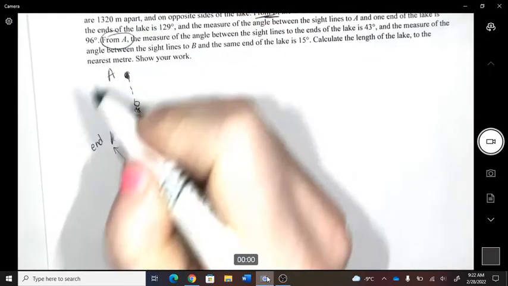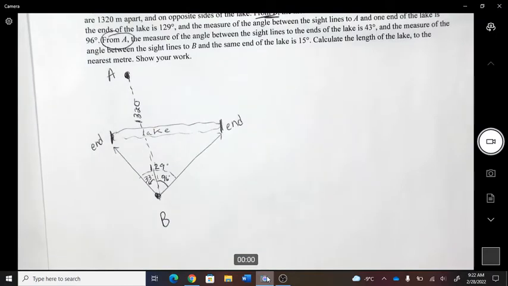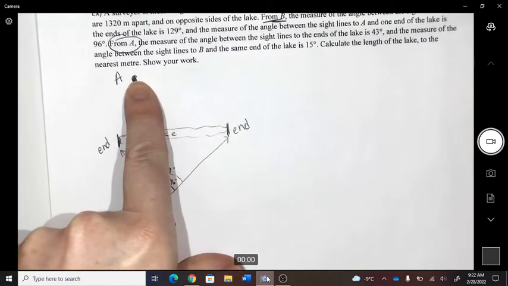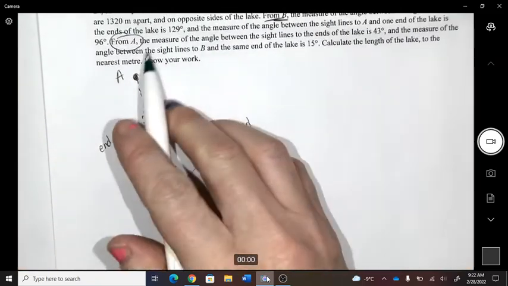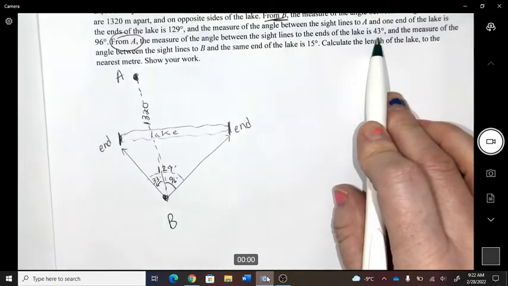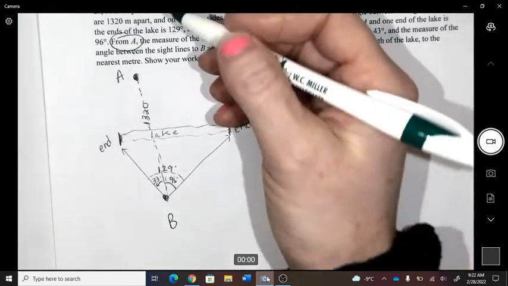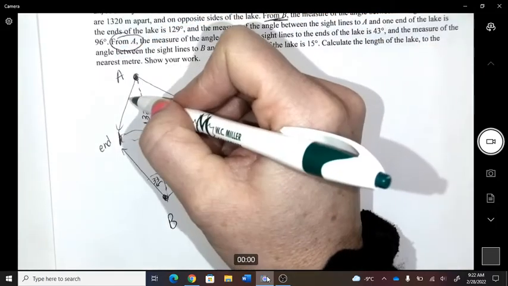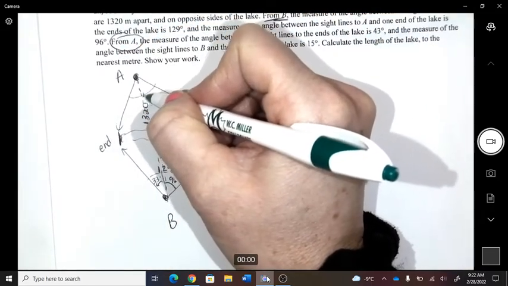Okay, now let's take our directions if we are looking from A. So get yourself, your body at A. Now when you're at A, the measure between the ends of the lake is 43. So from end to end of the lake, your total is 43.